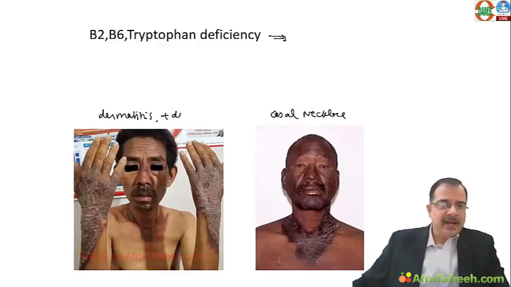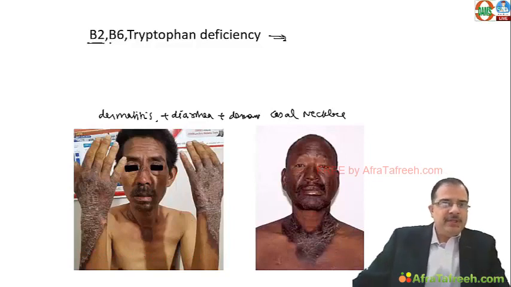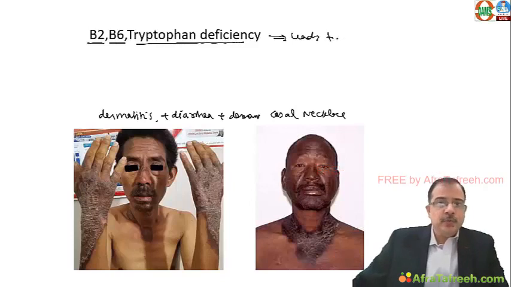And this patient also complained of diarrhea and dementia. So B6 deficiency and tryptophan deficiency lead to niacin deficiency, pellagra.